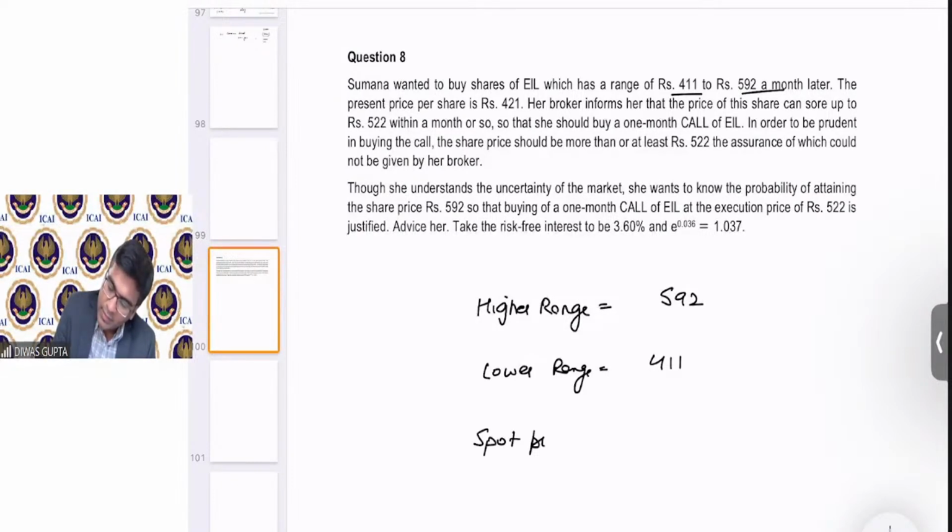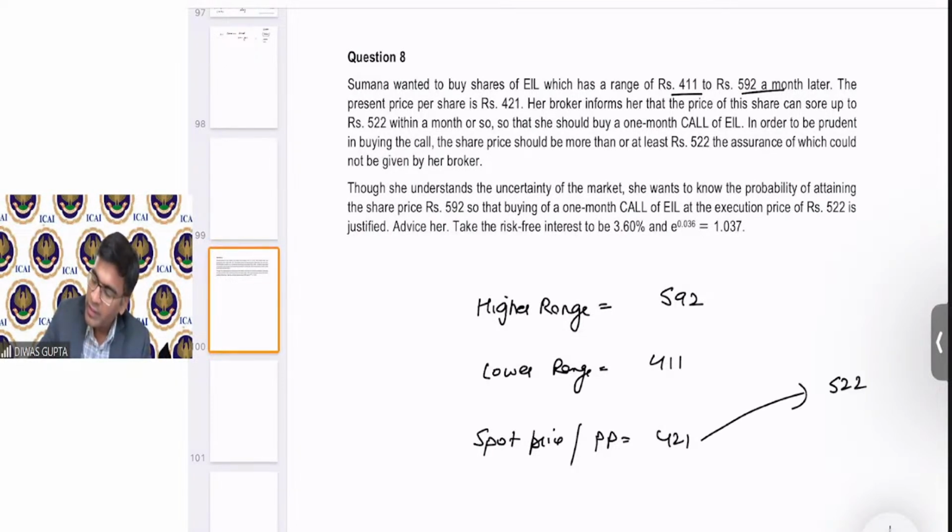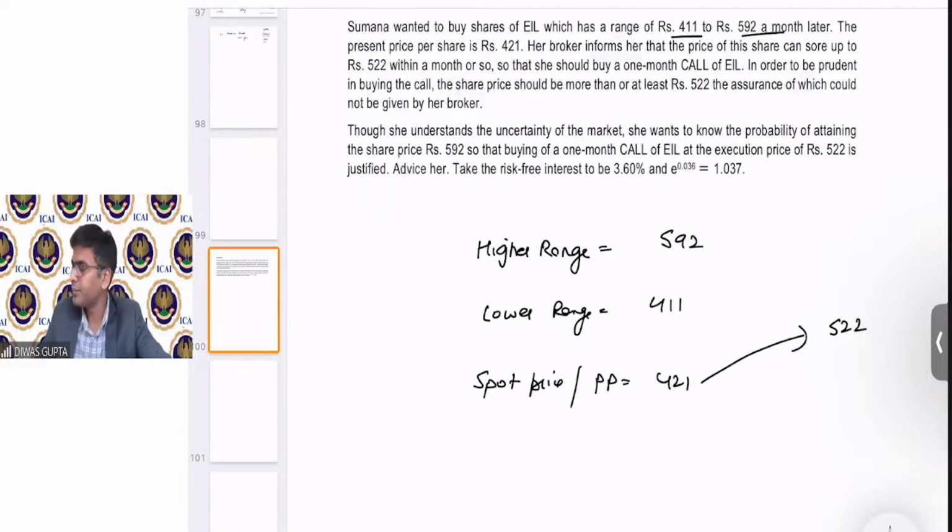Spot price, present price 421. Her broker informs her that the price of this share can soar up to rupees 522 within a month or so. So this 421 can go to 522, students. That is what the broker has informed. Okay.